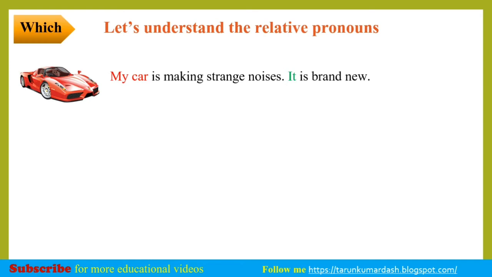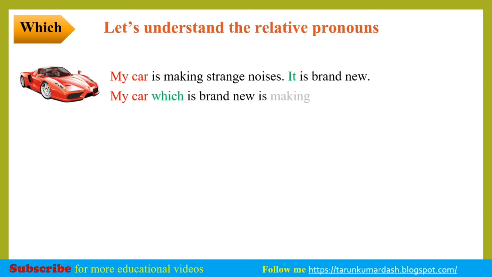You can say simply, my car is making strange noises. It is okay. But as we have to use which here, because we are going to add the two sentences with the relative pronoun, so we have to choose which, where we don't need such type of information here.